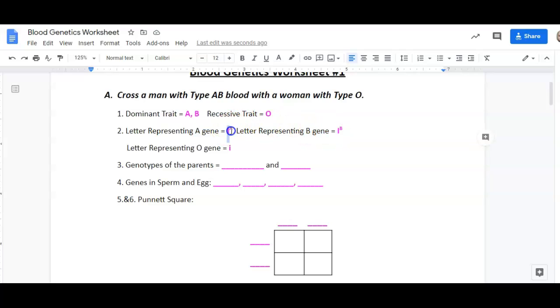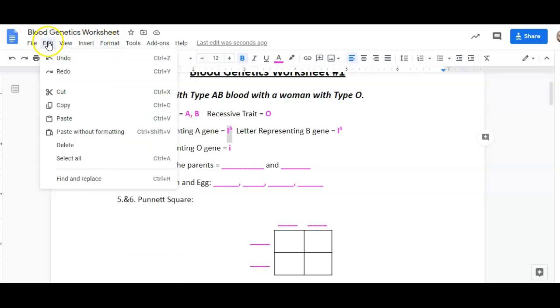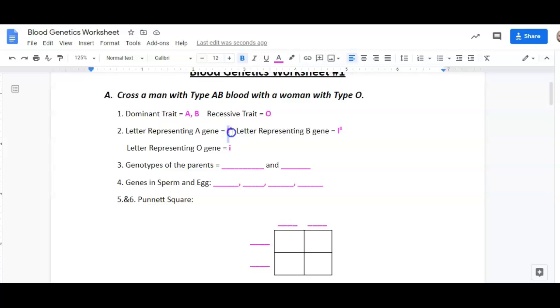So again, instead of typing out this again, I'm just going to copy. So I'm going to use Control C, or you could do the copy up here, edit copy, but I just use Control C. And then I paste using Control V. You don't have to do that if you don't want to.